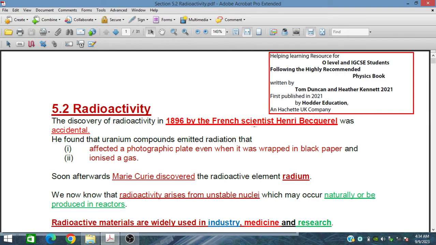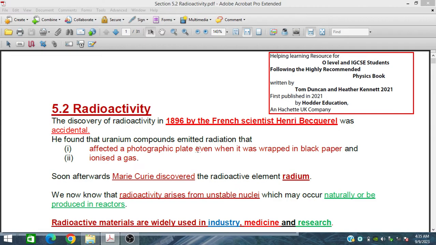Radioactivity was discovered by French scientist Henri Becquerel, and it was very accidental. He found that the uranium compound emitted radiation that affects the photographic plate even if it was wrapped in black paper, so a photographic image developed on that black paper, and second, it ionized a gas.